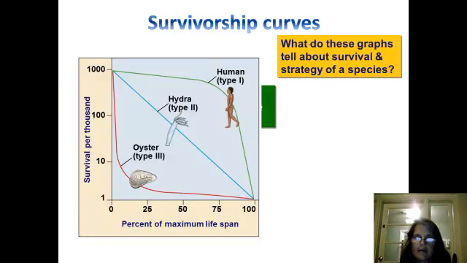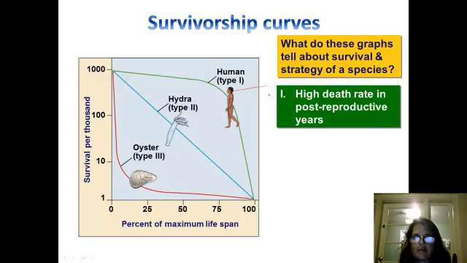The first type that we'll talk about is type 1. Type 1 is this green line here, and what you see is lifespan from 0 to 100% of your maximum lifespan. So let's say this is an 80-year-old person over here at the end and a 0 infant. And what we see is we have a pretty large number surviving, per thousand.